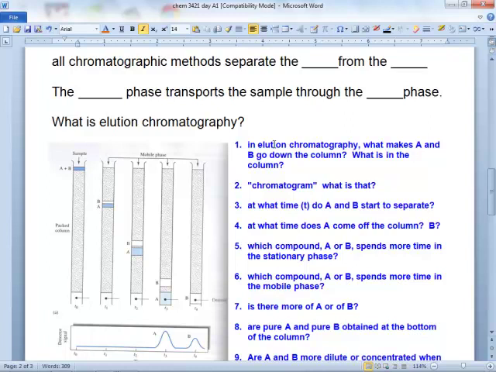It's a graph that's reading some signal. It doesn't really tell you what it is. It's just telling you a signal. It's a graph of a detector signal versus, what do you think the x-axis is? Time. All it is is just a plot of detector signal versus time. Okay.